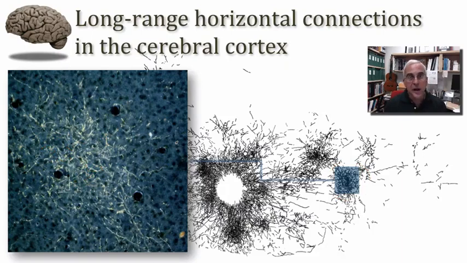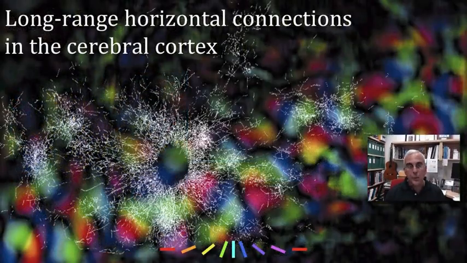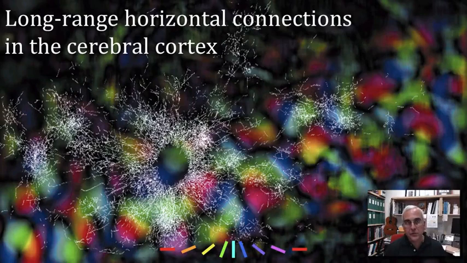Now, the anatomy is interesting in and of itself, but what makes this really fascinating is to relate the anatomy to the physiology, and we can do this in this particular study because we made injections into the visual cortex after we mapped the distribution of columns that are representing different orientations of visual stimuli. And what we and actually several other groups ahead of us have done in other model systems is demonstrated that there is a principle of like connecting to like when it comes to these long-ranging horizontal connections in the cerebral cortex.